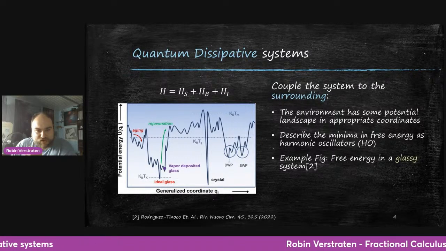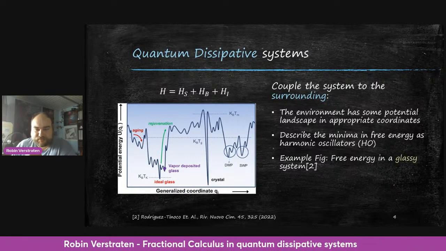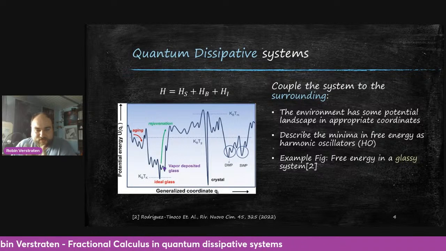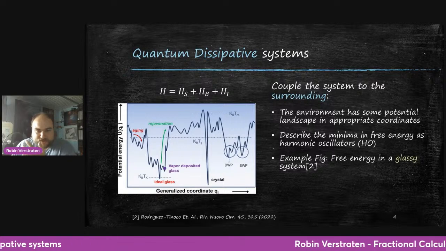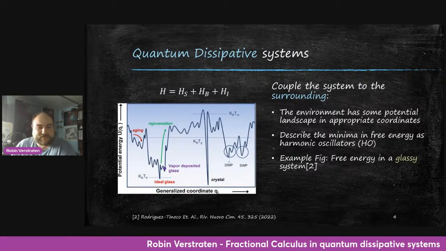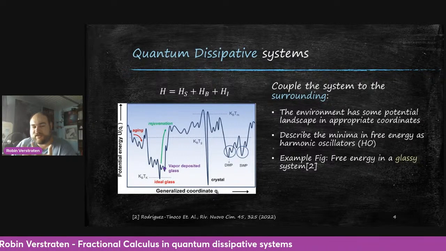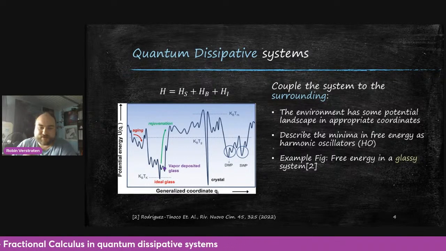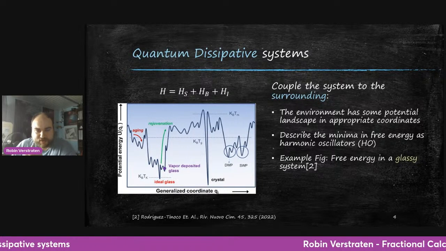Here we have an example where you have a particle inside a glassy system, and you see the free energy landscape. It's very chaotic. There are many different bumps and minima. We will try to ignore all of these small details. Basically, we will say, let's just assume there's very little energy available. Then it's very hard to go over one of these bumps.